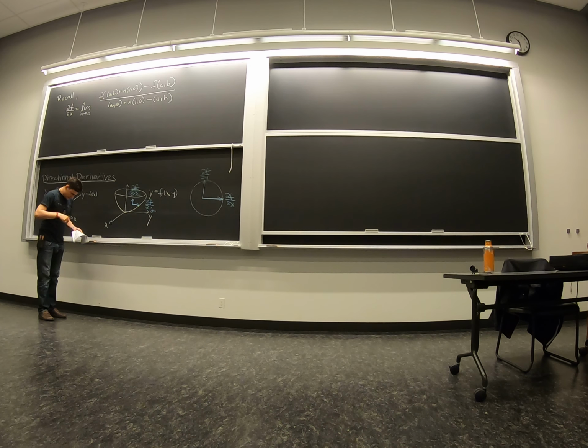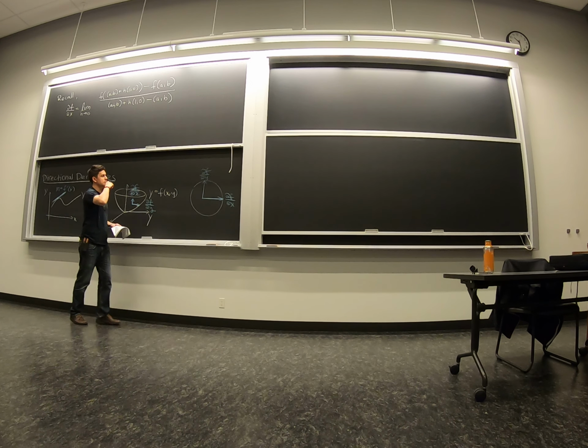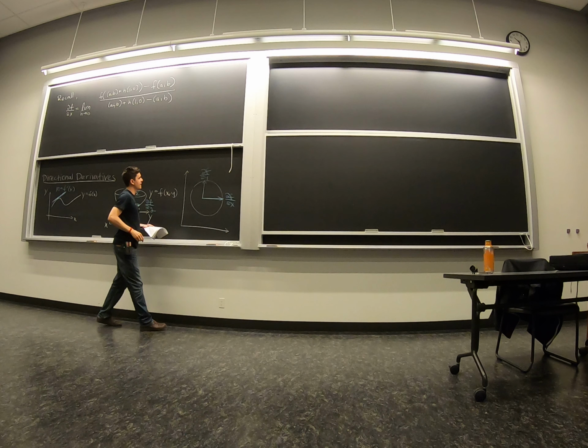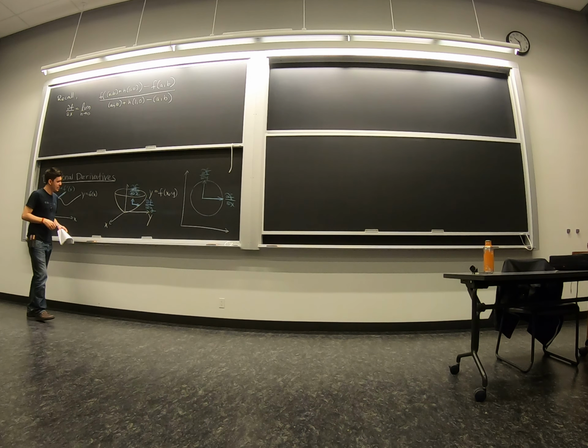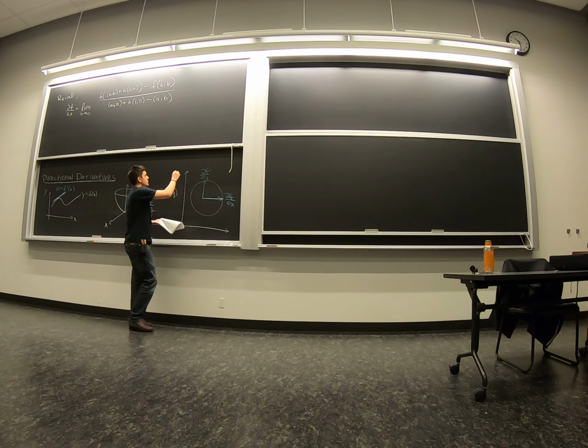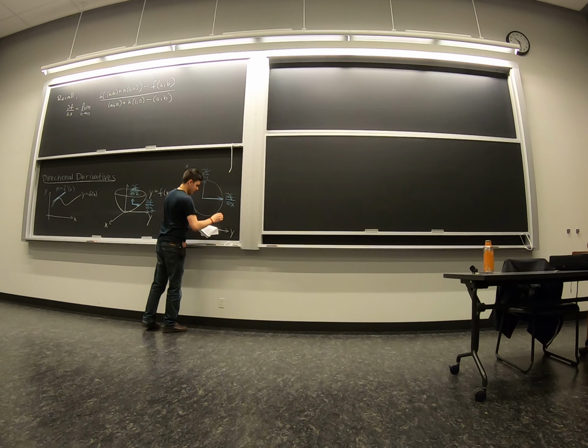Right, but if we look at this from above, right, so if we look down the z-axis, what do we see? Yeah, so we're looking down the z-axis. Yeah, right, good point. So this would be x and y.